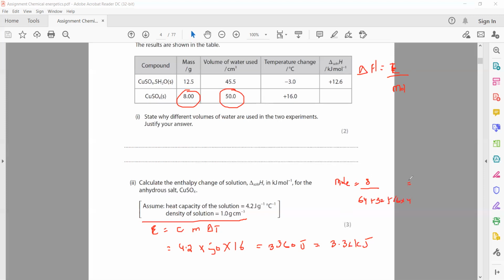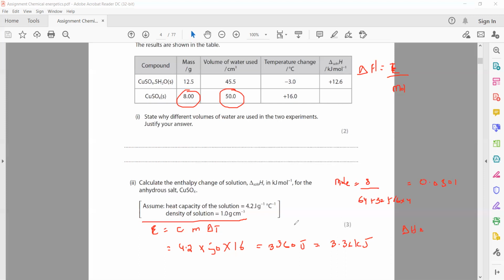So this will give us the moles of anhydrous copper sulfate: 8 divided by approximately 159.5, or 160, you can also say. So we'll get the moles as 0.0501. So these are the moles of copper sulfate, but we need enthalpy change.